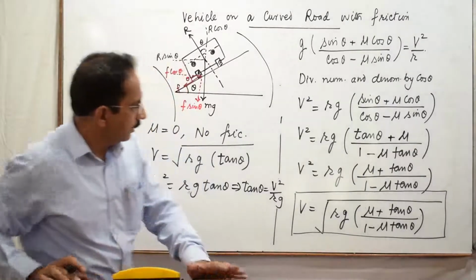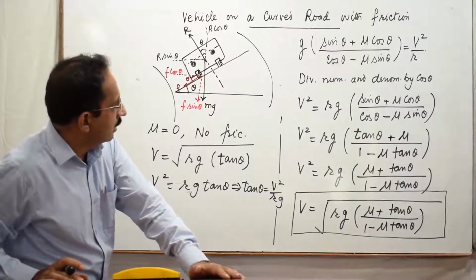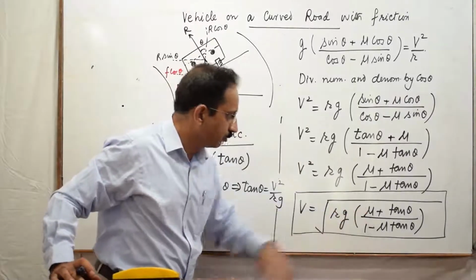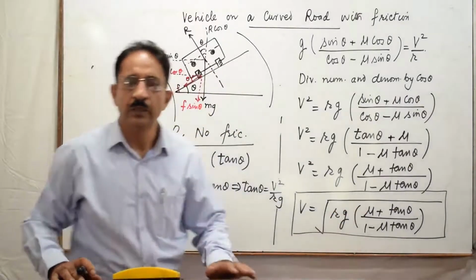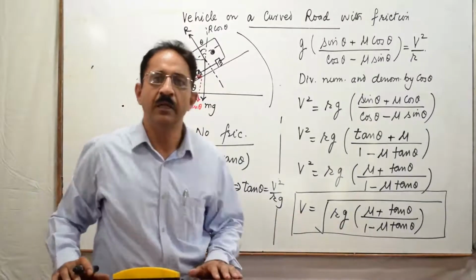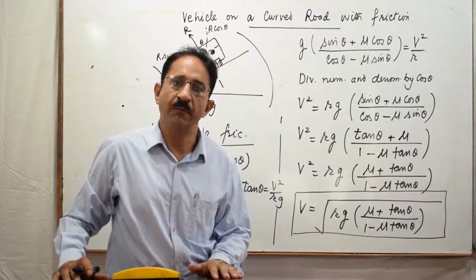So that's way the concept of role of friction becomes significant in this case, क्योंकि जितना आप mu की value को बढ़ाते हो, you will see that the value of v, that is safe speed limit, will increase if you increase the value of coefficient of friction.